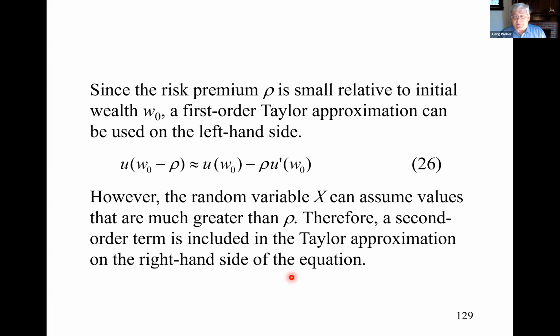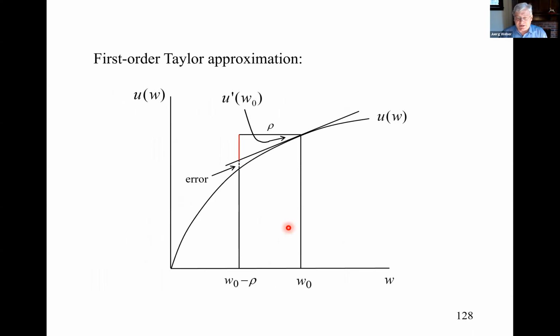Now, the random variable x can assume values that are much greater than rho. So the loss can be much greater than the insurance premium that you pay. Your house may burn down and then maybe your entire wealth is wiped out. So you have a huge loss.